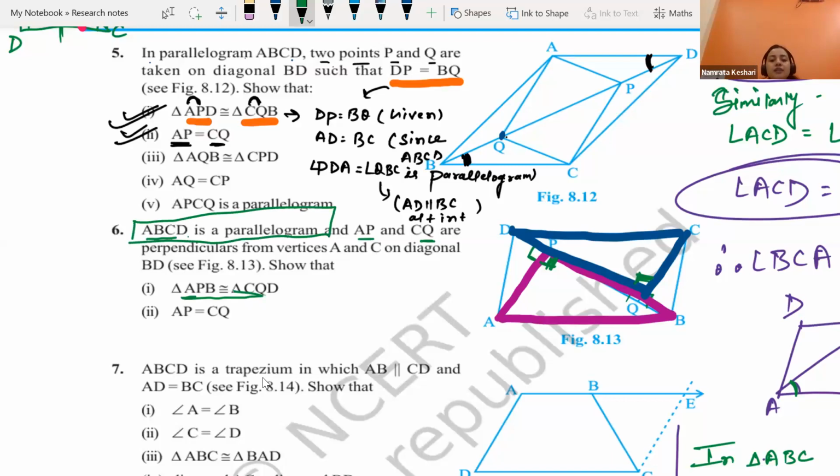And it is given that this AP is making 90 degrees. Now tell me, is there anything which is same? If ABCD is a parallelogram, have you learned the property of parallelogram?